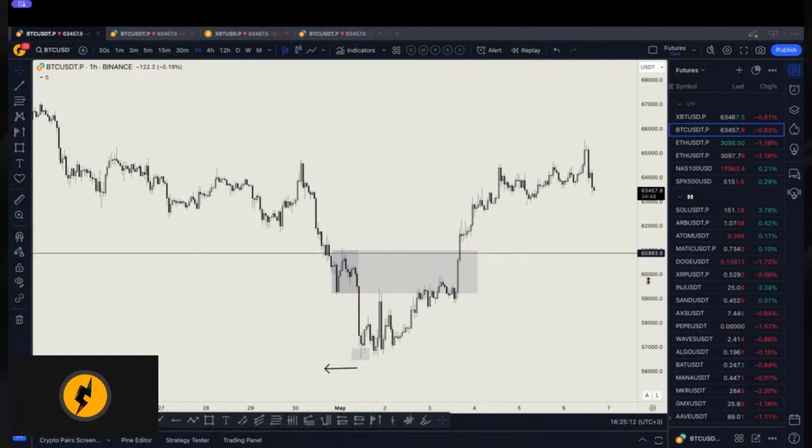Once we are inside this range, of course, this is not the perfect example, but I like to give you real time examples, not the hindsight easy peasy.